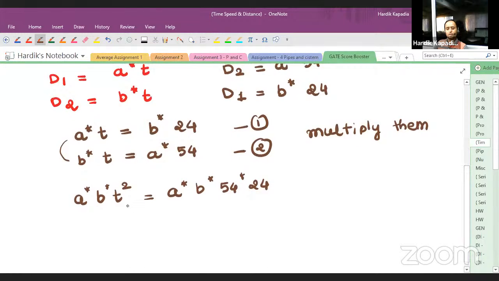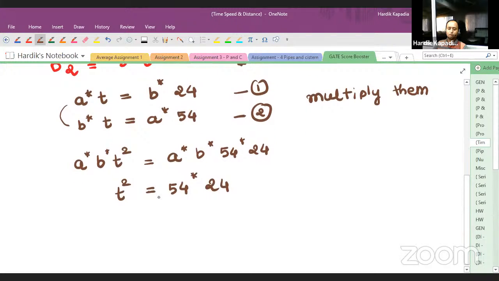Perfect, Supriya. So now ab is cancelled out. T square is equal to 54 into 24. Yesterday we have discussed the multiplication tricks. 54 into 24 is 1296. So the value of T is equal to 36.